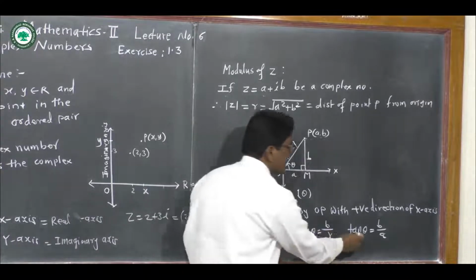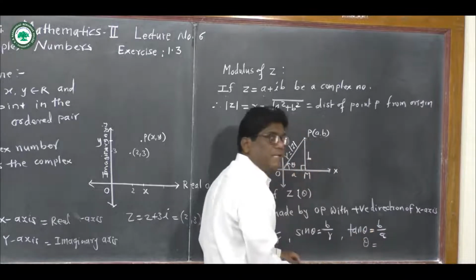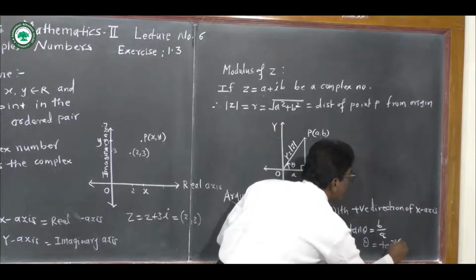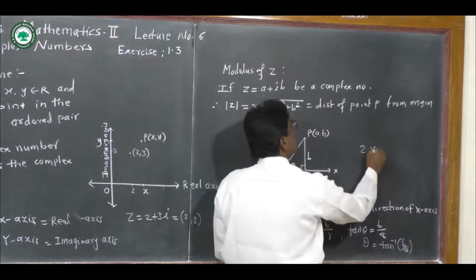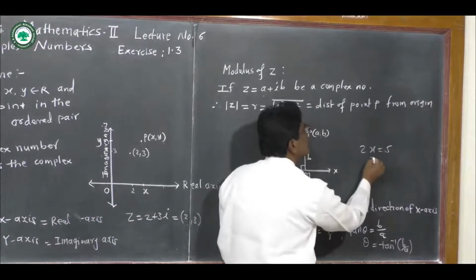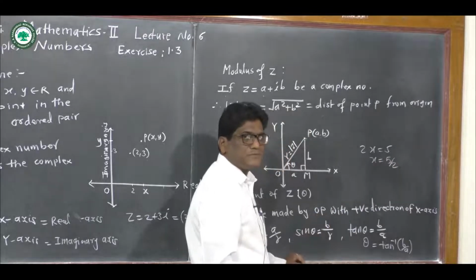From this, we carry this tan to the right hand side, so theta is equal to tan inverse of b upon a. We know that when 2x is equal to 5, then we carry this 2, so we get x is equal to 5 upon 2. We have seen this.